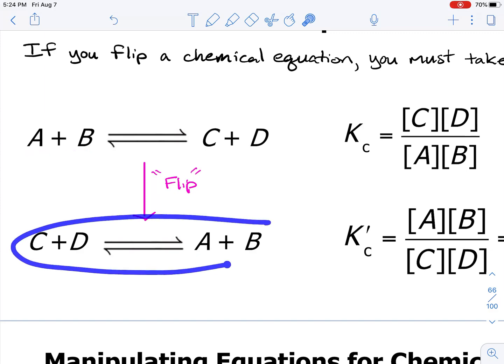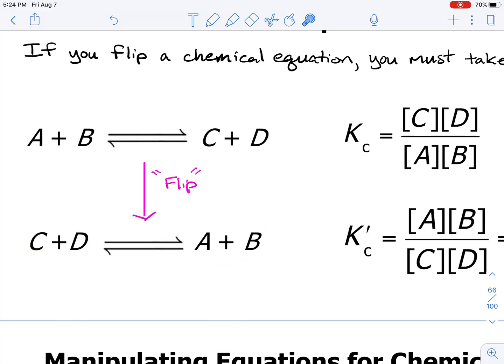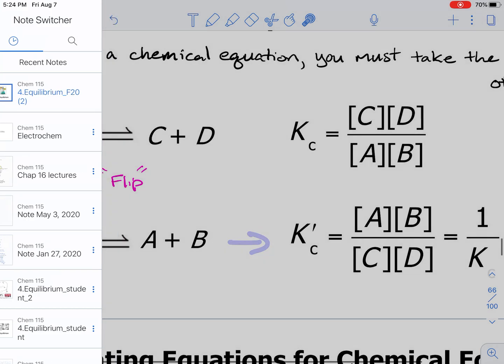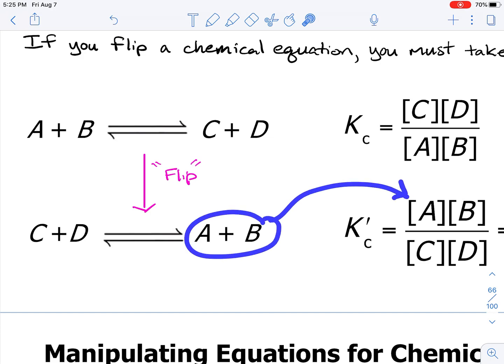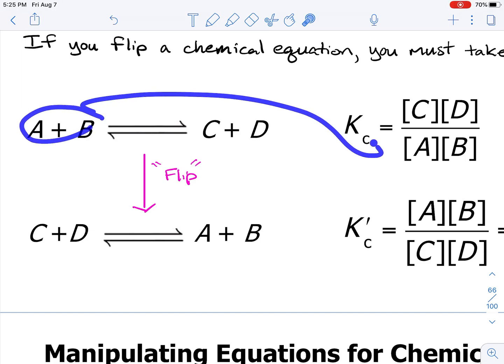If you take the mass action expression of this chemical equation, notice that AB, which is our product after we flipped it, now goes in the numerator, where AB in the original equation was a reactant, which went in the denominator.